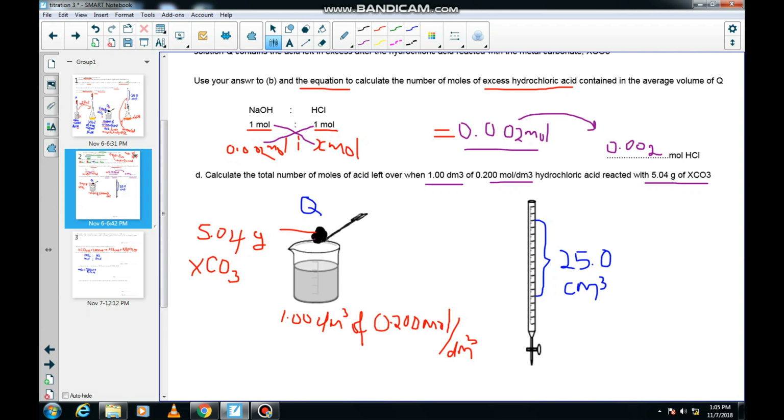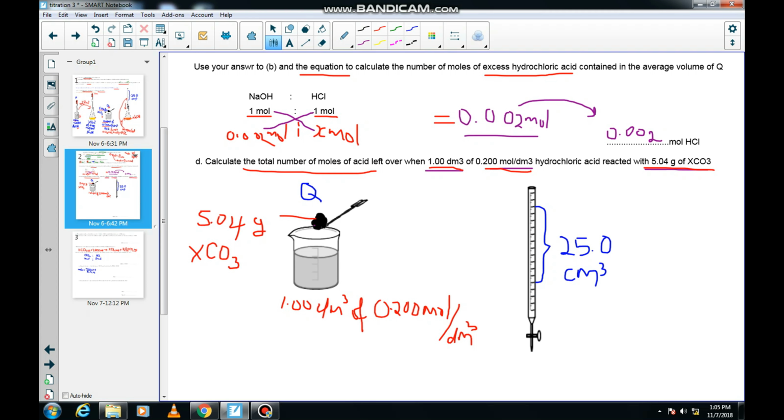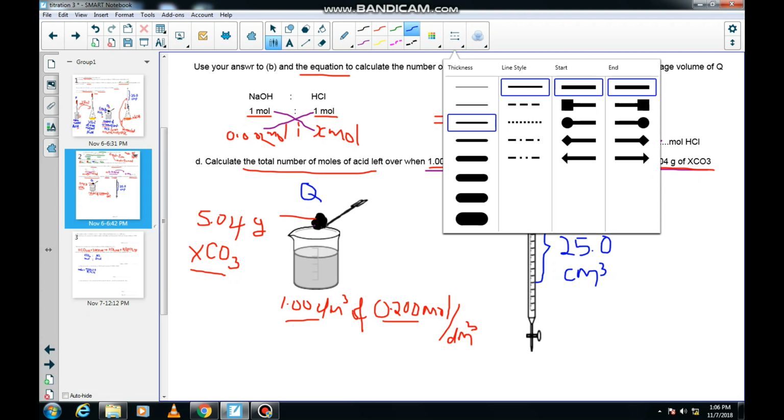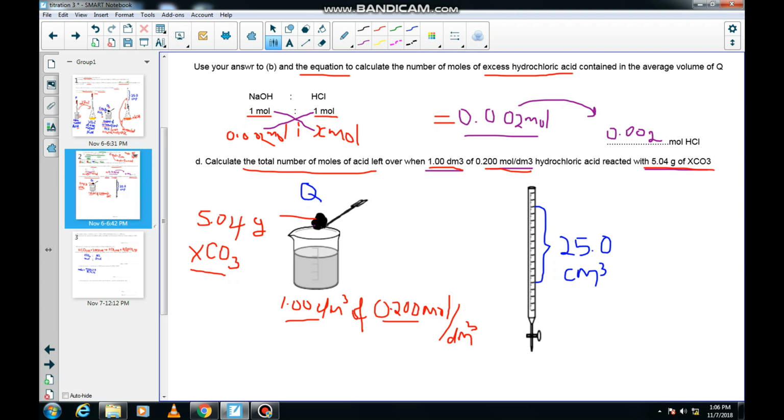D says calculate the total number of moles of acid left over when 1.00 decimeter cubed of 0.200 moles per decimeter cubed of hydrochloric acid was reacted with 5.04 grams of X carbonate. I want you to understand that solution Q is made by reacting 5.04 grams of X carbonate with 1.00 decimeter cubed of a 0.200 moles per decimeter cubed hydrochloric acid solution.